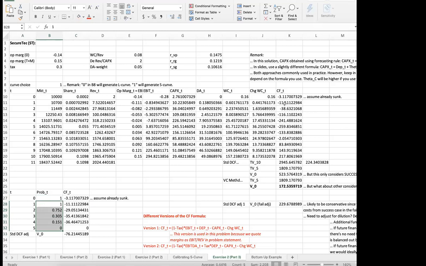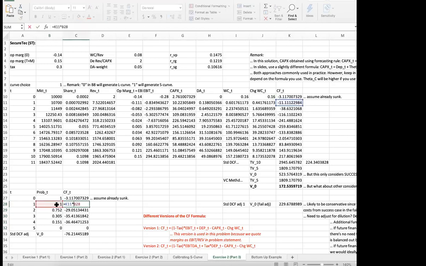A success generates minus 11 million. Conditional on survival at time 1, a failure would also generate on average minus 11 million. If it didn't, you'd be able to separate success versus failure at time 1, and you wouldn't let the failure cases continue to survive at time 2, 3, 4, and so on. So 100% of the time, you get that same 11 million.